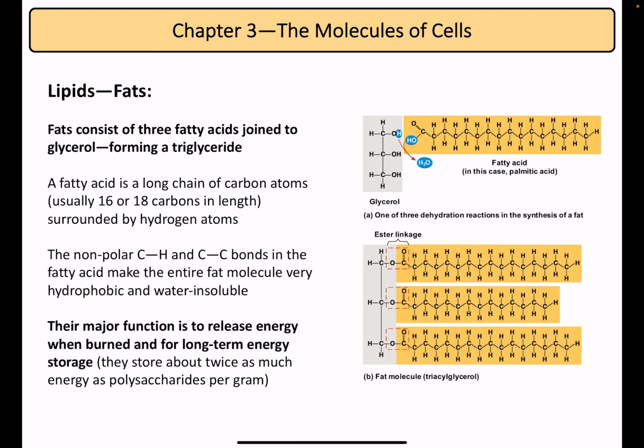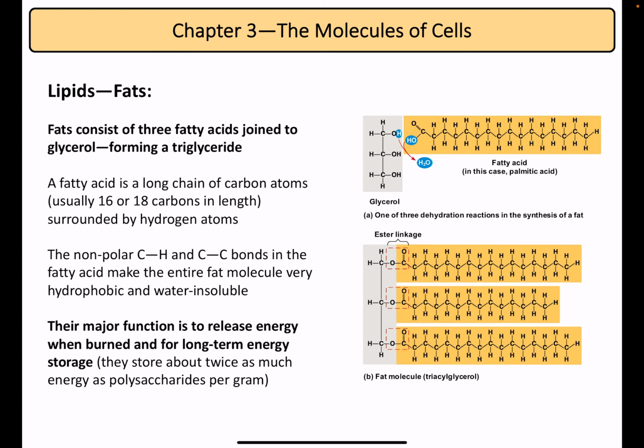But the key structural difference is that an unsaturated fat has one thing different from a saturated fat, and that is the presence of at least one double bond, as you can see here, between adjacent carbon atoms in at least one of the 3 fatty acid chains. So it's long, right?